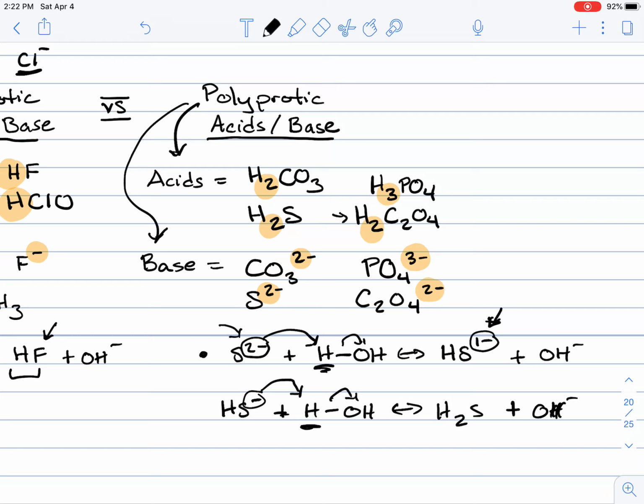Since there are 2 ionization steps, that is characteristic of a polyprotic base.